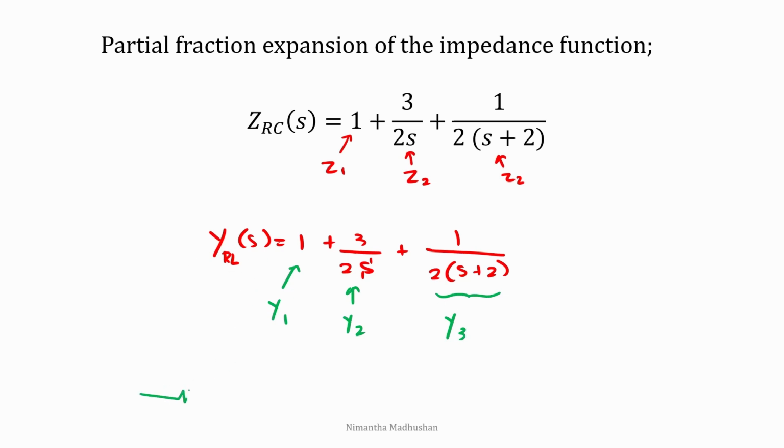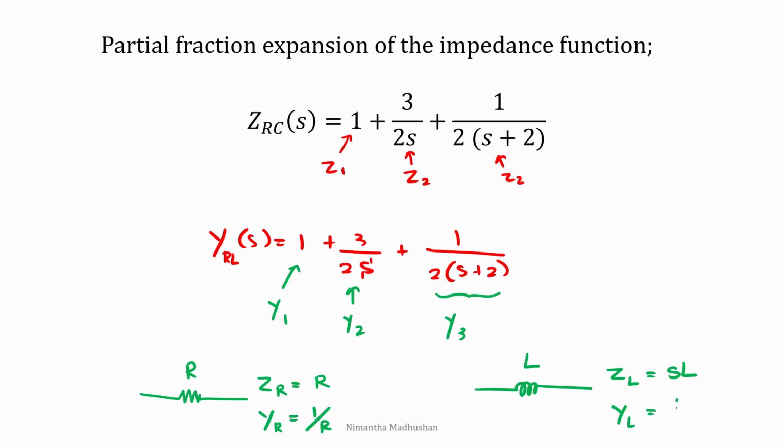Then we have to get an idea about the impedance and admittance value of a resistor and inductor. For a resistor, the impedance value in S domain is equal to R, and the admittance value we can write as 1 over R. And if we consider an inductor, the impedance value in S domain is equal to SL, and the admittance value is equal to 1 over SL.